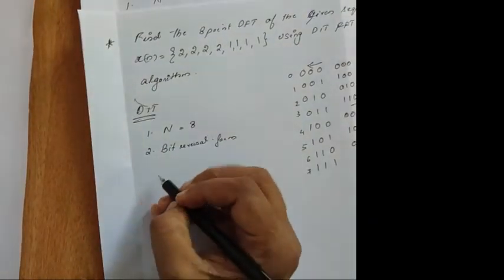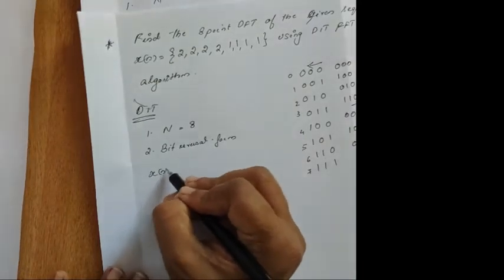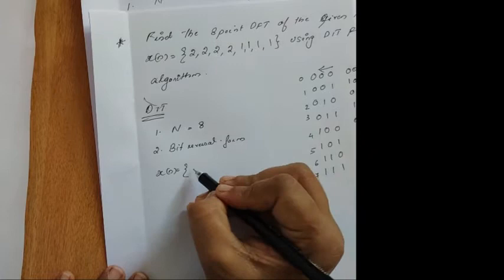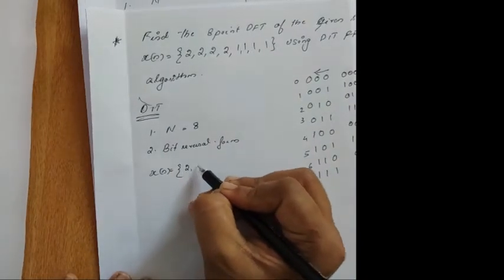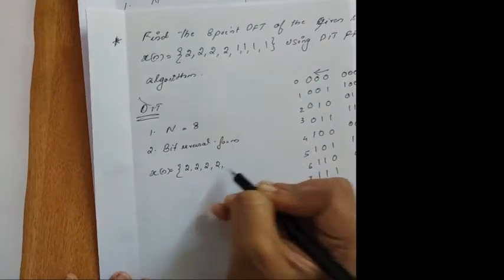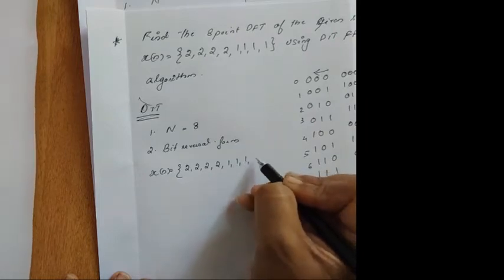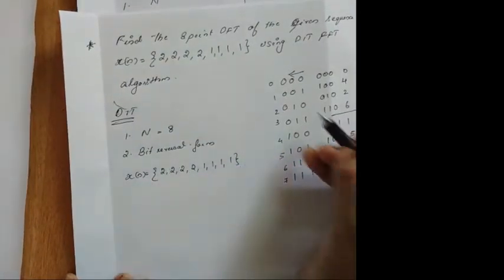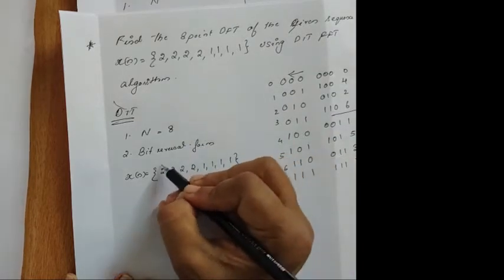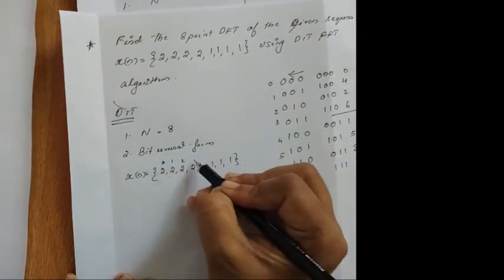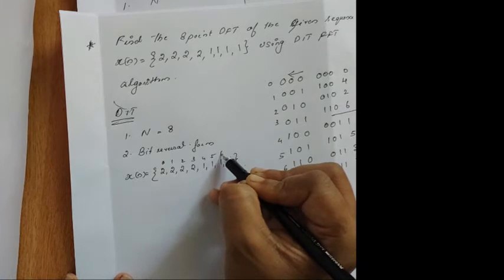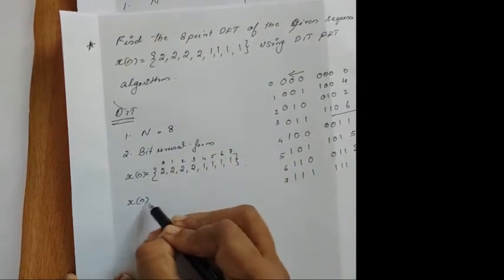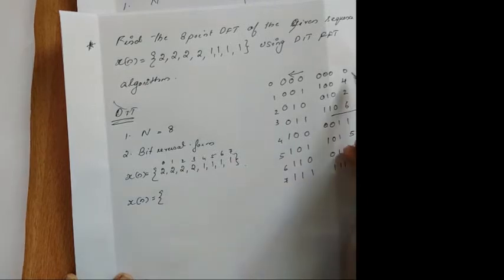In the sequence x of n, the question is given as 2, 2, 2, 2, 1, 1, 1, 1. Now you have to give the binary numbers for each term: 0, 1, 2, 3, 4, 5, 6, 7. After bit reversal, your data has changed.